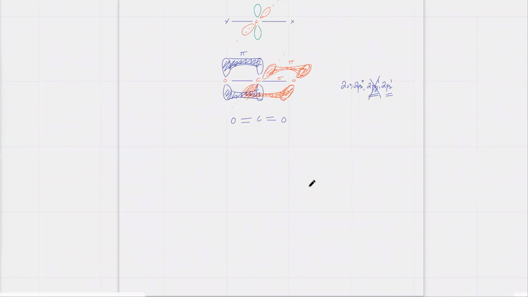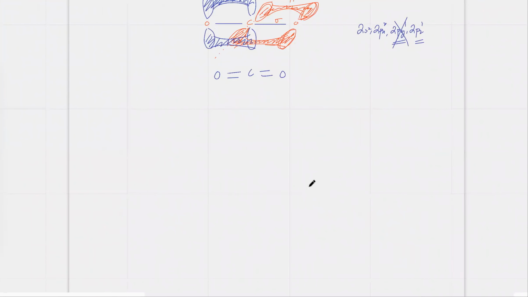But most of the questions are about just figuring out whether it's sp3, sp2 or sp hybridization. So for example, I have this molecule. That's the first carbon atom.